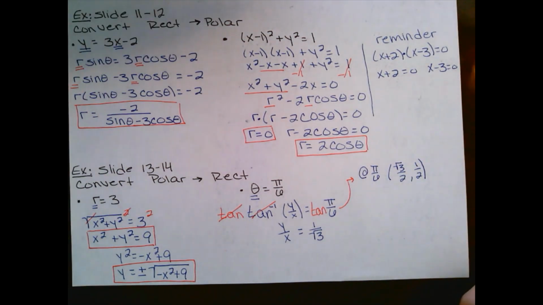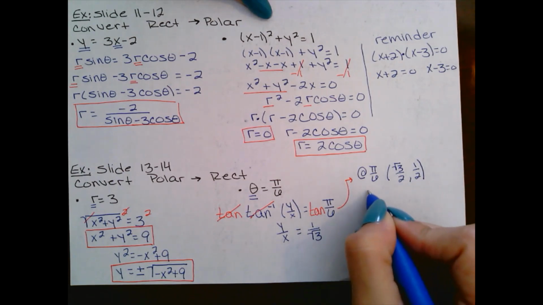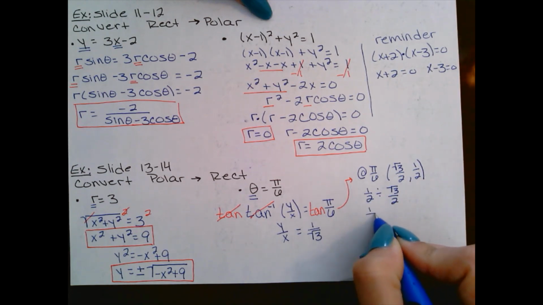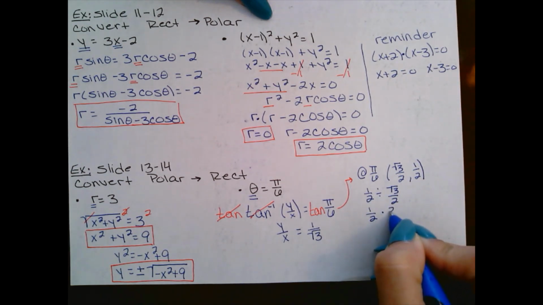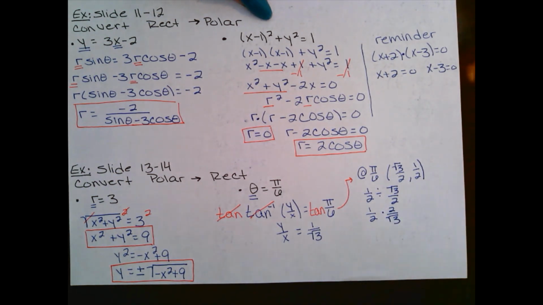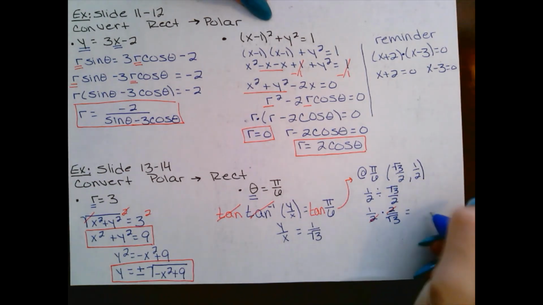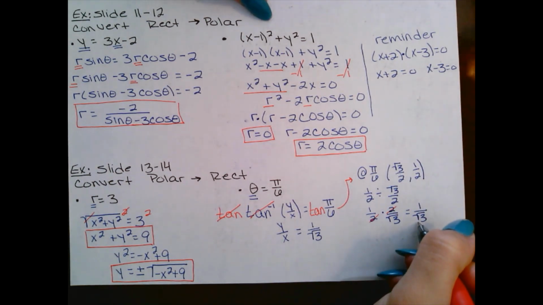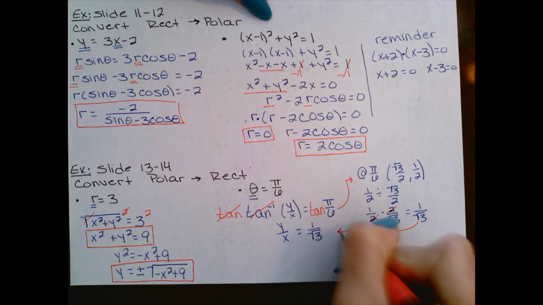And then remember that tangent is sine divided by cosine, so I'd say half divided by radical 3 over 2. And then I'm going to multiply by the reciprocal, or we have that saying keep, change, flip. My 2's cancel, and that's how I obtained the 1 over radical 3. Okay? In my pre-calc classes, I suggest that you memorize at least your main 3 tangents.